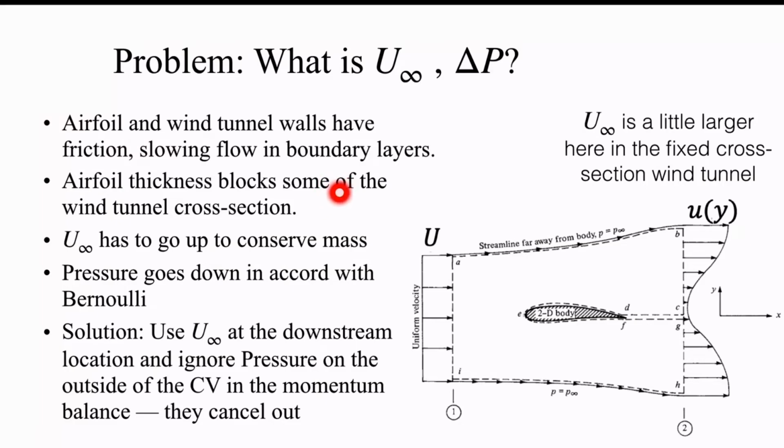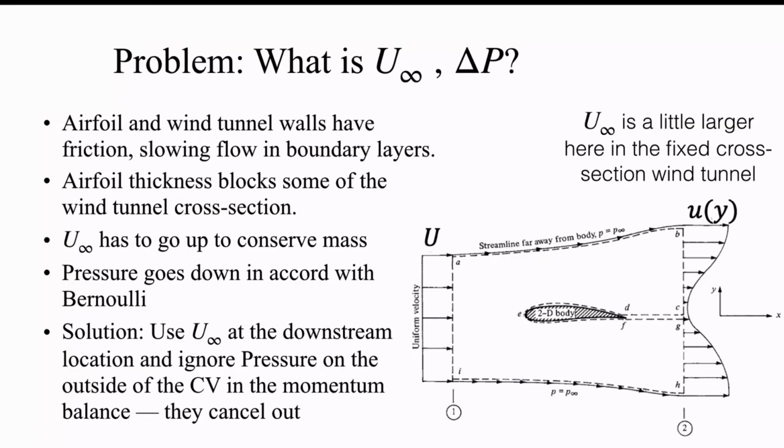Likewise, the airfoil thickness blocks a little bit of the cross-section of the wind tunnel. And as a result, the flow has to speed up. So the free stream flow, the U infinity, increases from here to here. And the pressure goes down to match. The pressure from there to there decreases according to Bernoulli's equation.